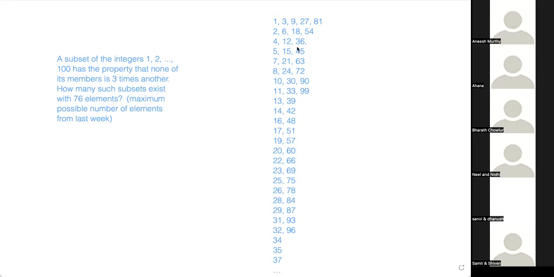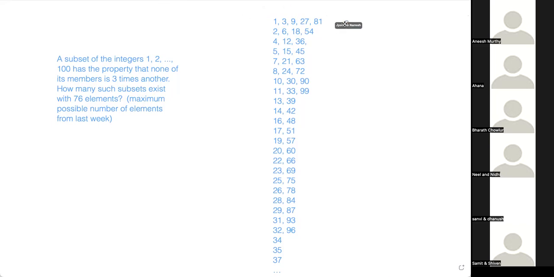But basically, how did we get the 76 based on this? So we looked at each of these groups, right? And we said, okay, for 1, 3, 9, 27, 81, what is the maximum number from this set that I could actually take in my subset without violating this property? For the first one, it's 3. For the next one, it's 2.